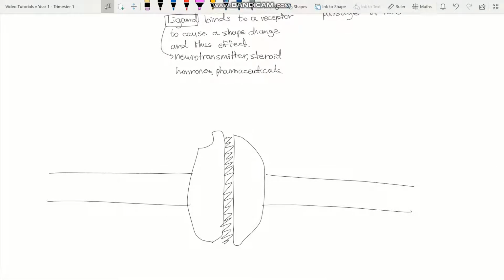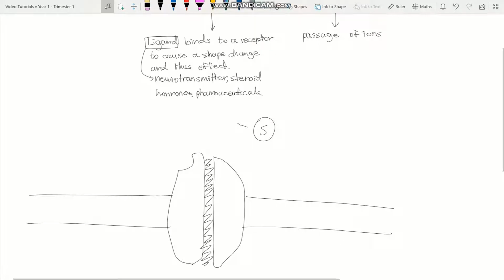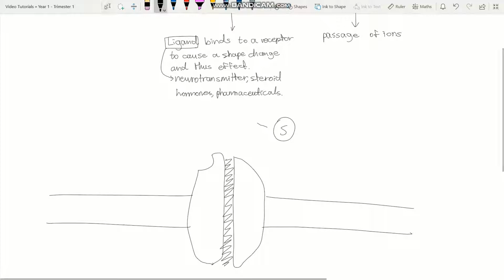Now, say for example, a particular neurotransmitter, say serotonin, is able to activate this ligand-gated ion channel in order to incite a particular response. So serotonin will pass from the synaptic cleft towards the ligand-gated receptor, and it will bind to it.